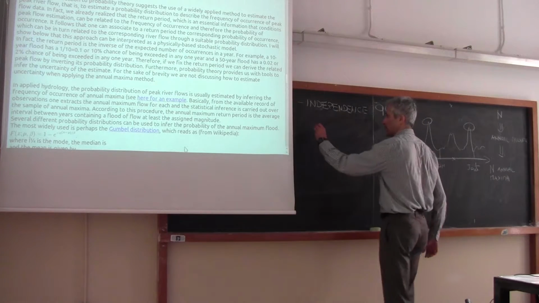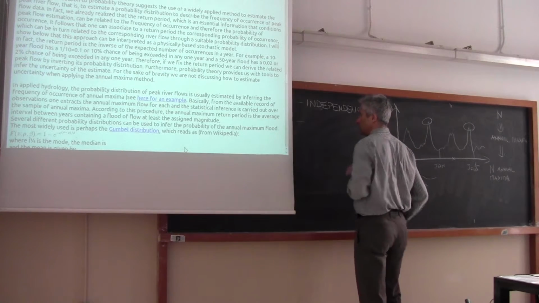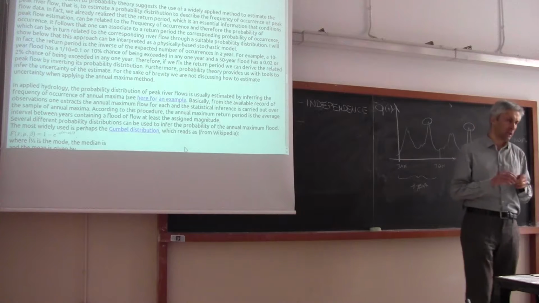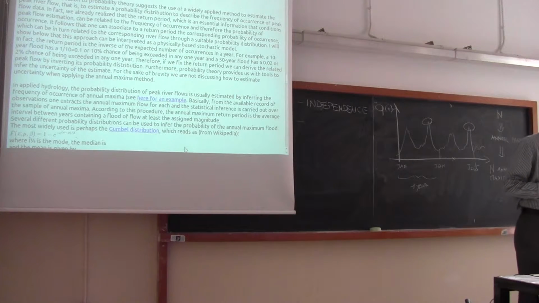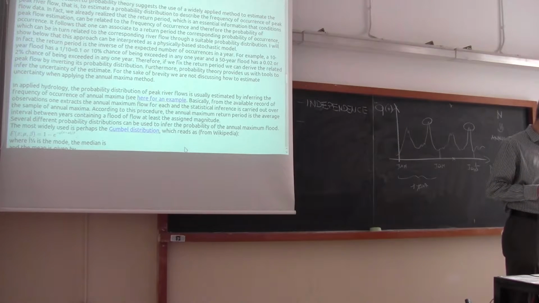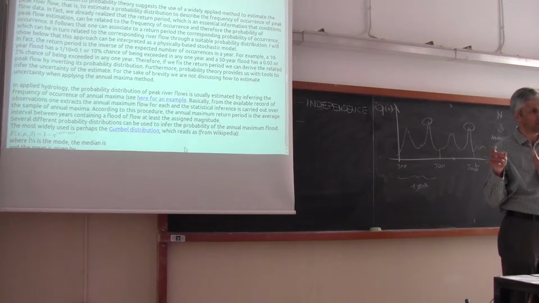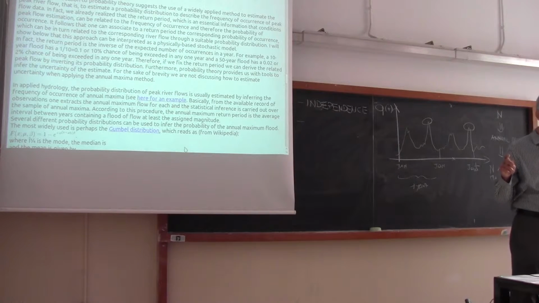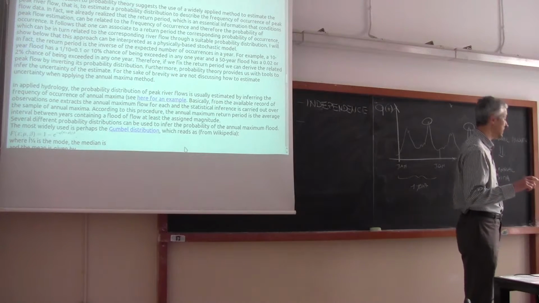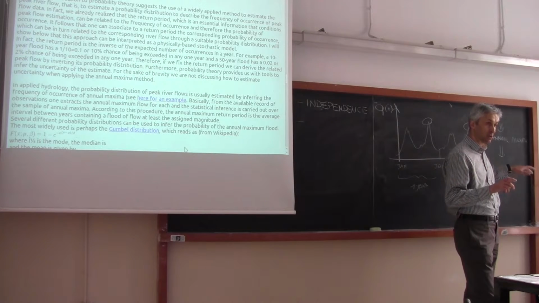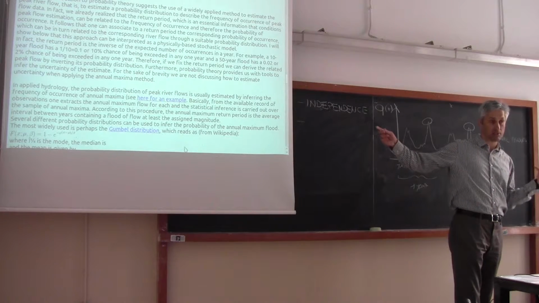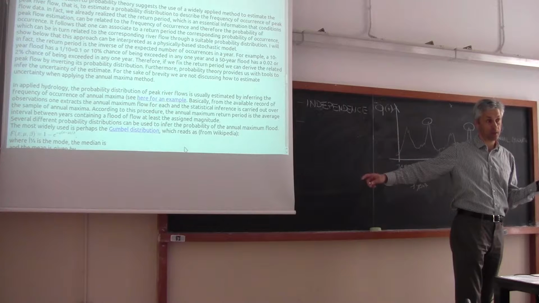The second assumption, which is extremely important, basically leads you to consider that the frequency of occurrence of floods doesn't change along time. And this is important because I told you that we are using data to estimate the probability distribution.